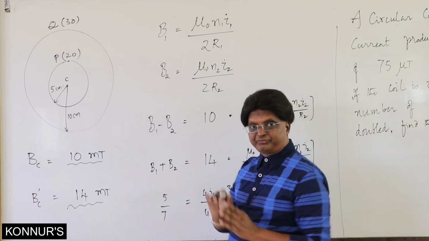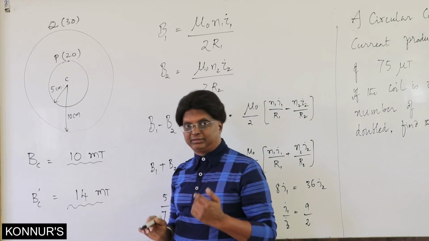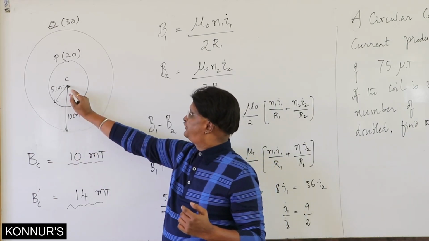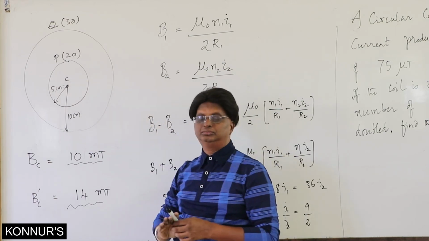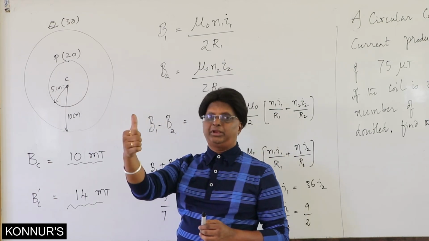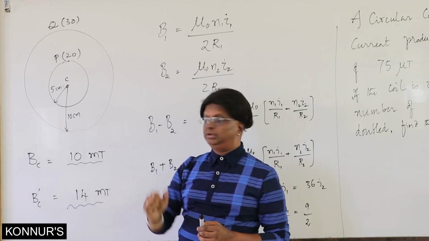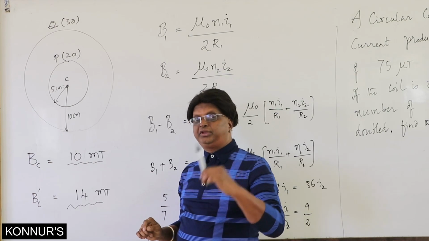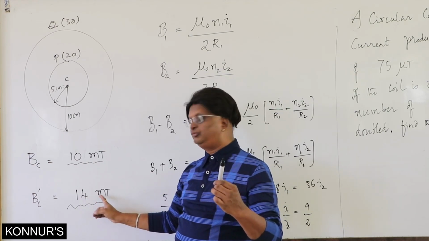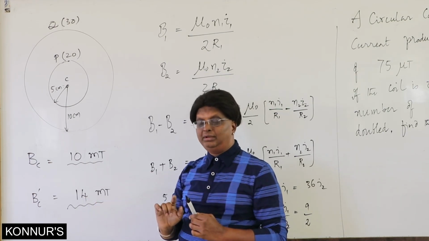Now immediately, when we read the question, what is our take? Initially at C, the magnetic induction is due to both P as well as Q. Magnitude and direction, remember we should make use of our right hand rule. It was 10 millitesla, and when current is reversed in Q, it becomes 14 millitesla. So what does it mean?